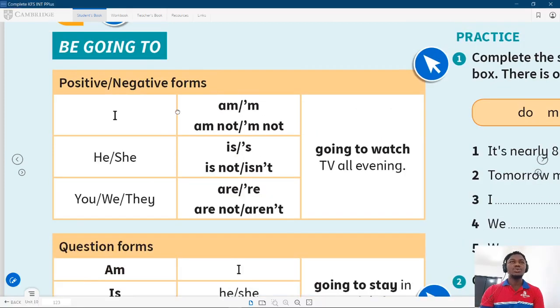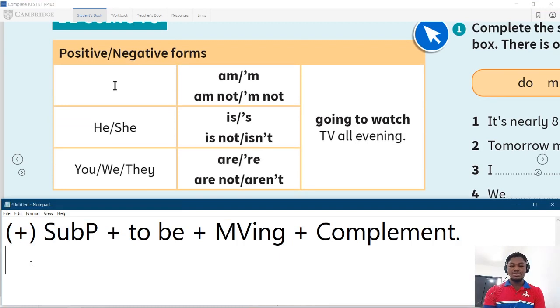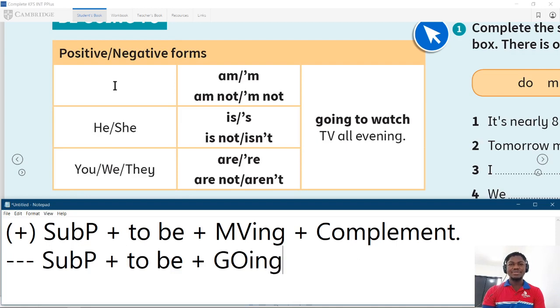Now, see this difference over here. Be going to. Okay, so we have subject pronoun, to be, going, to, which then is the complement.